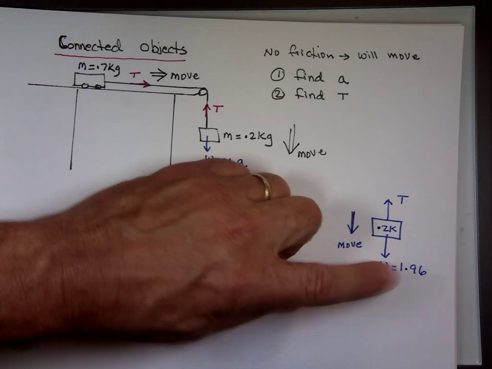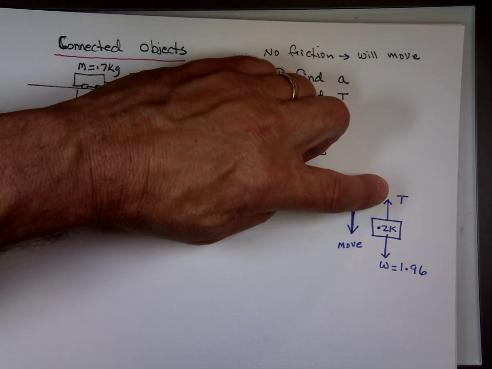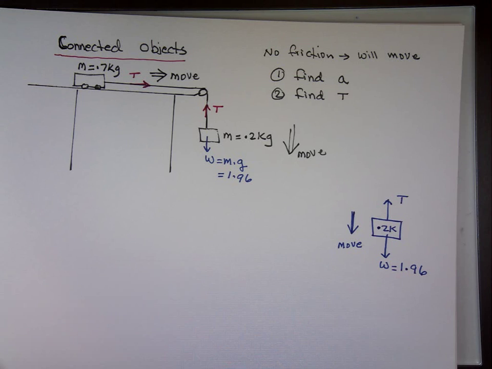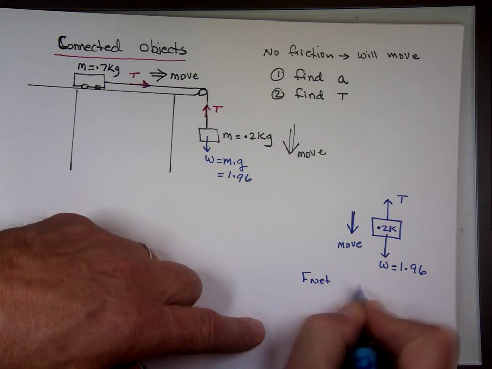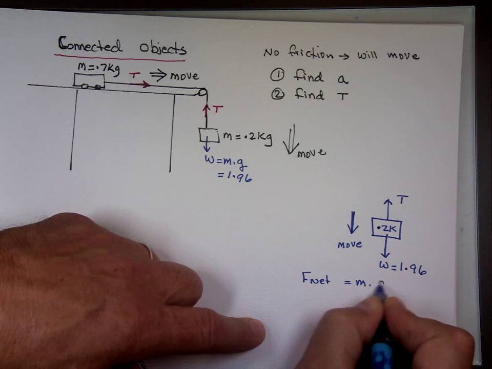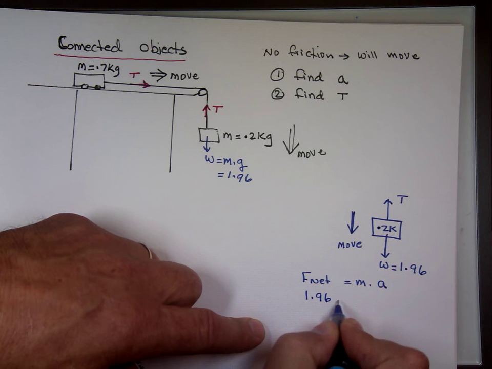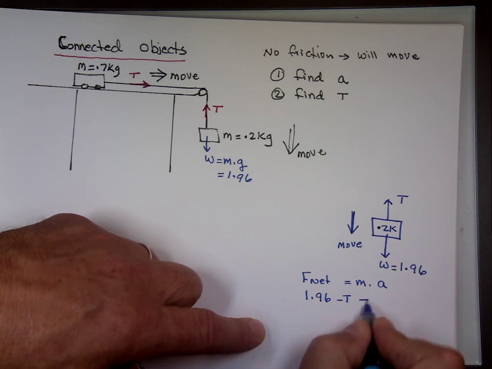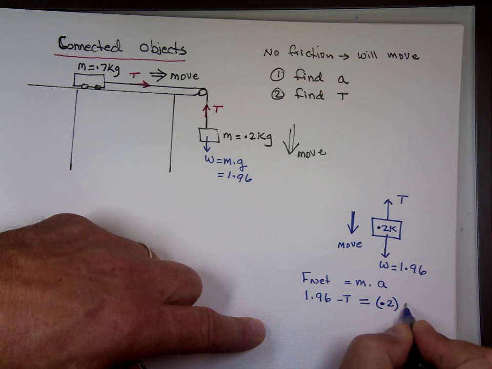This force might be bigger than that to move down, because if this was bigger, it will move which way? Upward. So the net force, F net, equals mass times acceleration. The net force is the 1.96 minus T, equals the mass, which is 0.2, times the acceleration.